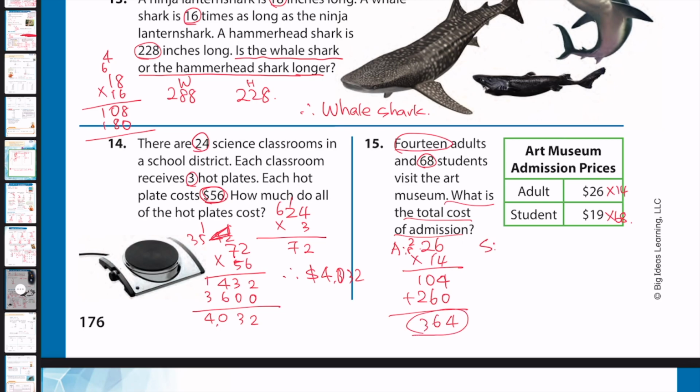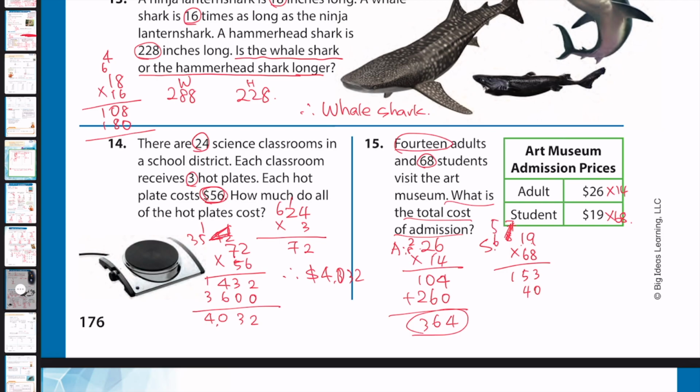And then for students, let's see. 19 times 68. Okay, 9 times 8 is what? Okay, 73, so I'm going to carry 7. 8 times 1 is 8. 8 plus 7 is going to be 15. All right, now let's move on to the second row. You need to add 0 automatically in the ones place, and then 6 times 9, 54, and then carry 5. 6 times 1 is what? 6.